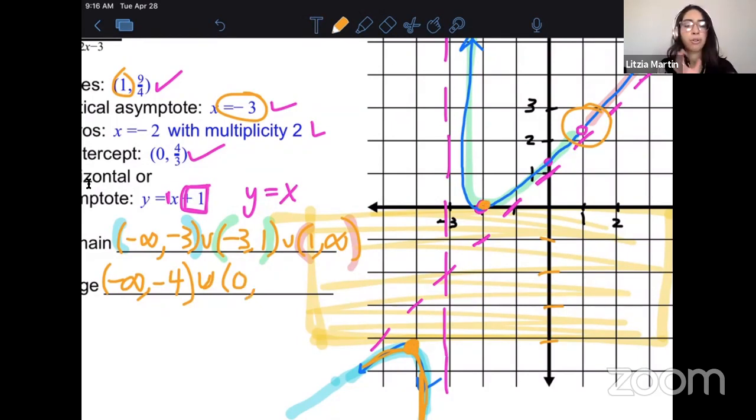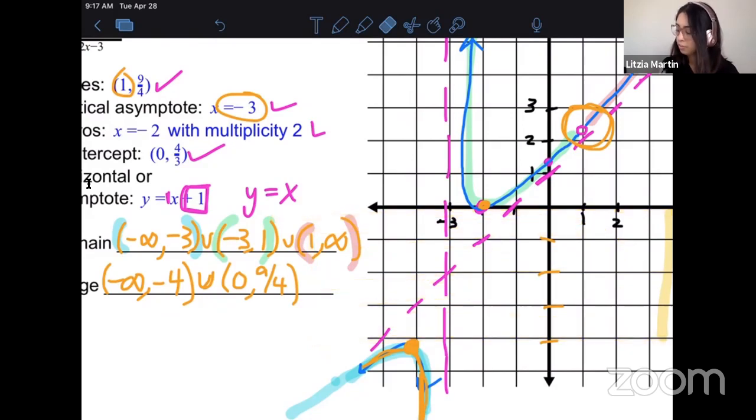So I'm going to go from 0 to that hole, which has a y value of 9/4. And then after that hole, we go 9/4 to positive infinity. So we see that chunk that is missing is being represented right here between -4 and 0.